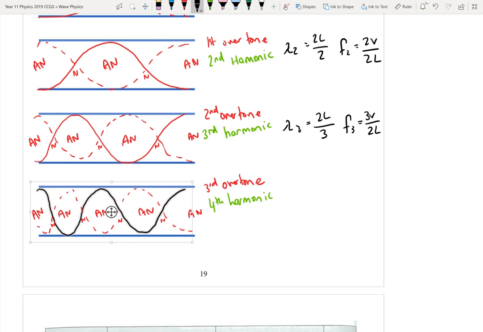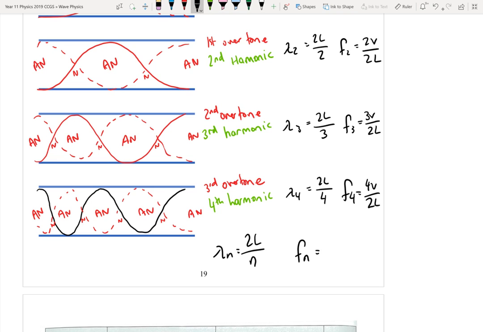And so let's just write it all in its entirety. 2L on 4. That should make sense that the wavelength is half the length. So if I split this in half, we've got a wavelength. Okay. Then F4 equals 4V on 2L. So our lambda n is 2L on n.